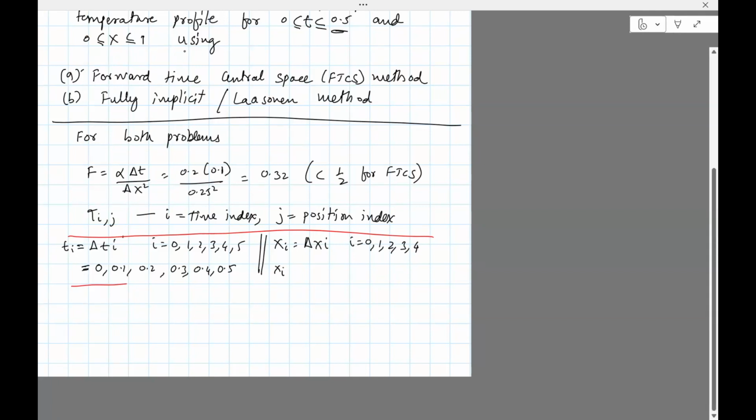Sorry, this will be x_j. So x_j will be 0, 0.25, 0.5, 0.75, and 1.